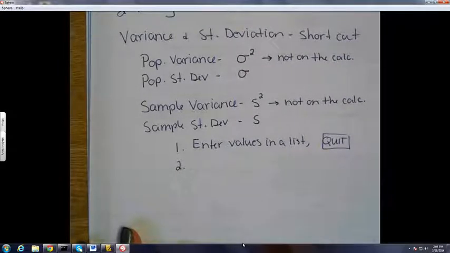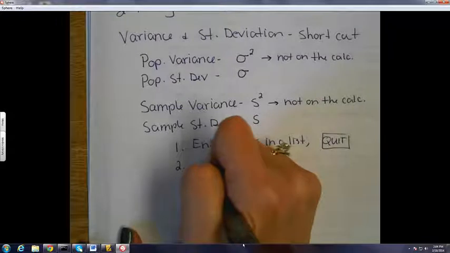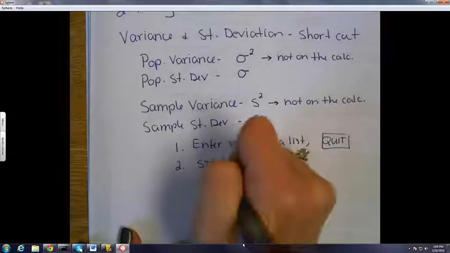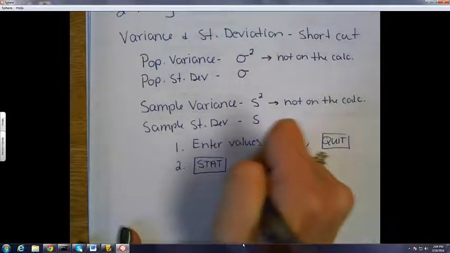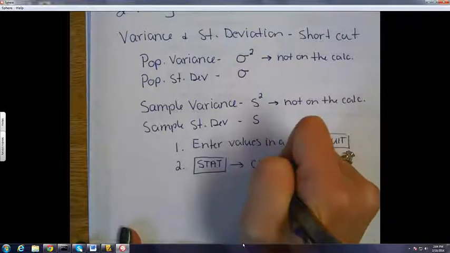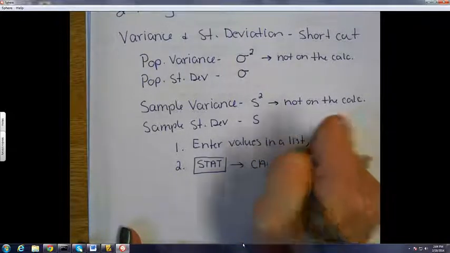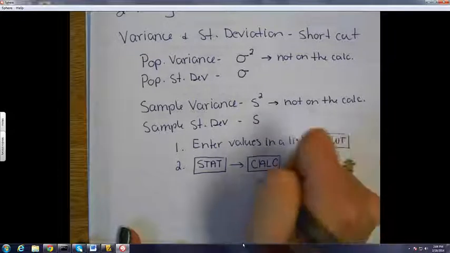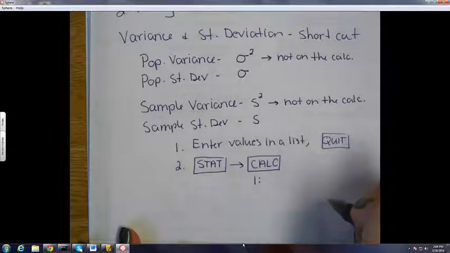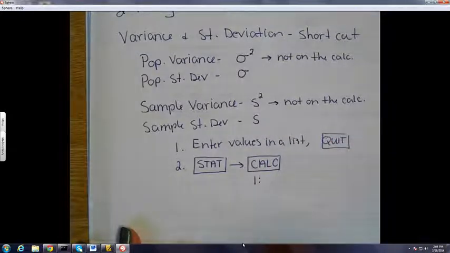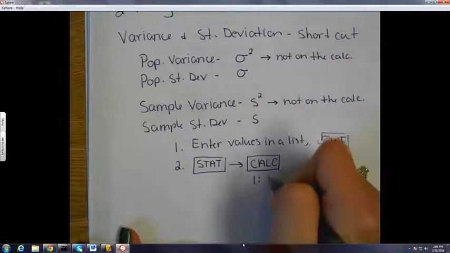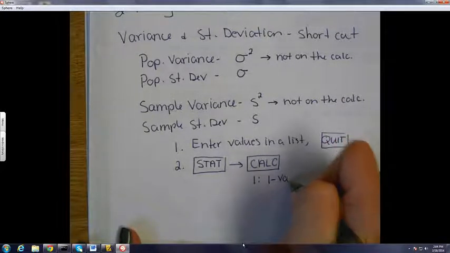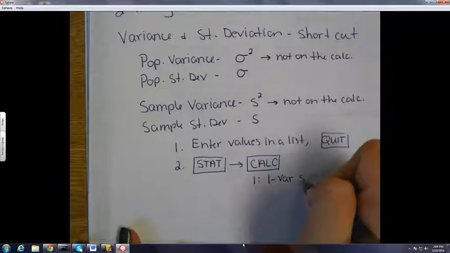You're going to go under stats, arrow over to calc, which stands for calculate. And the number one button on there, because it's used most often, is called one var stats. Var stands for variable.